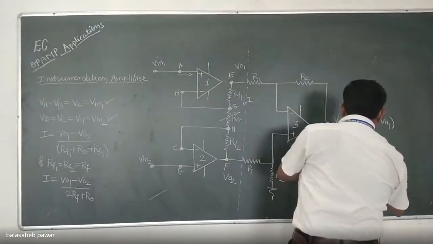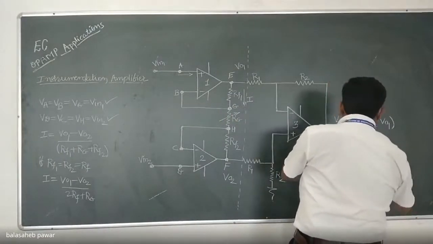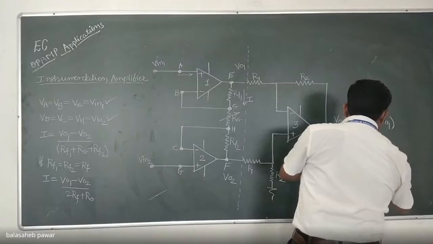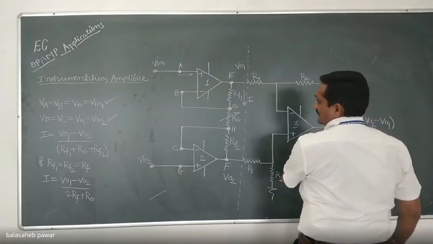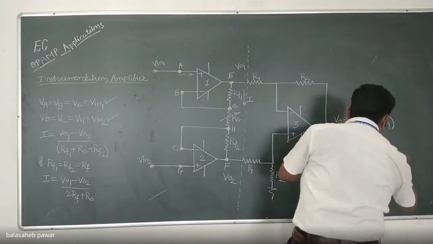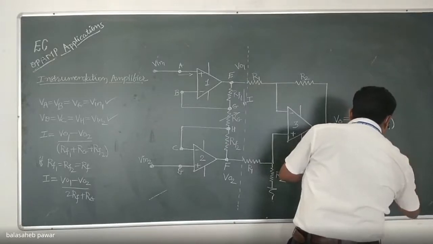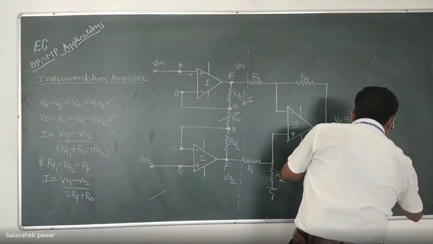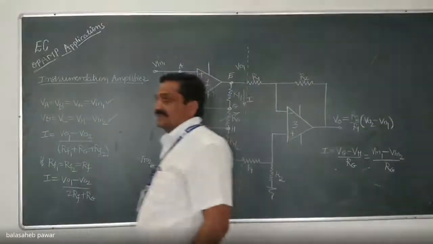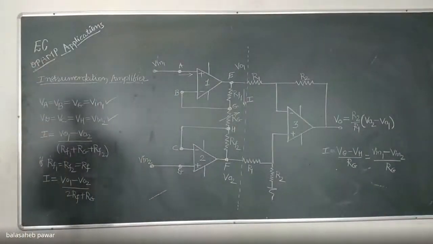You will observe that VG is nothing but Vin1 and VH is nothing but Vin2. So the same current we can write equals Vin1 minus Vin2 divided by resistance RG. Look at it properly.